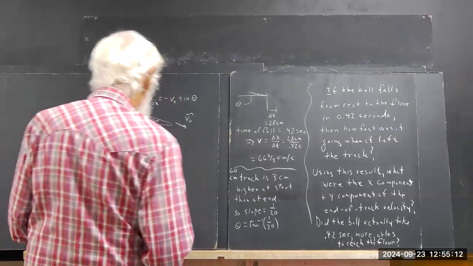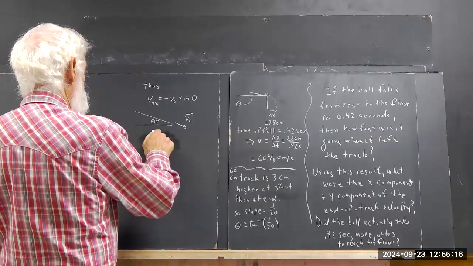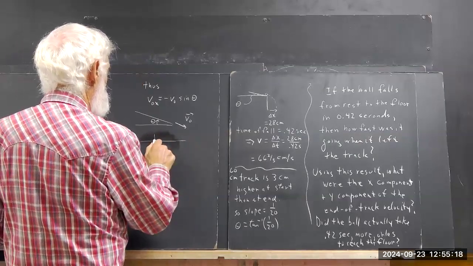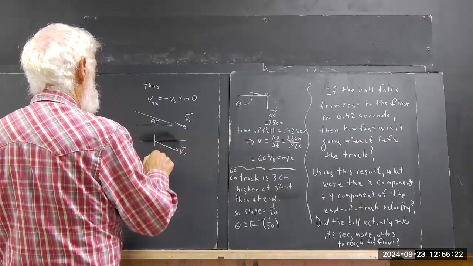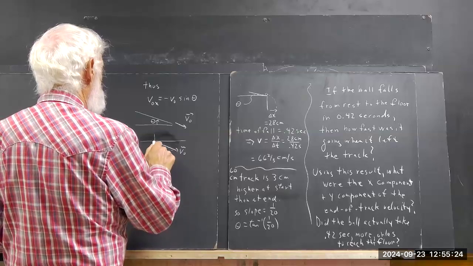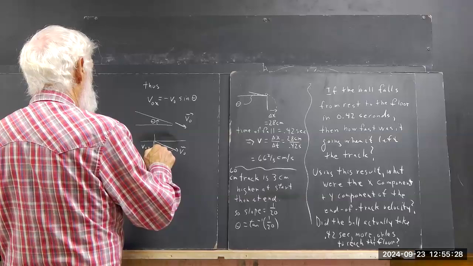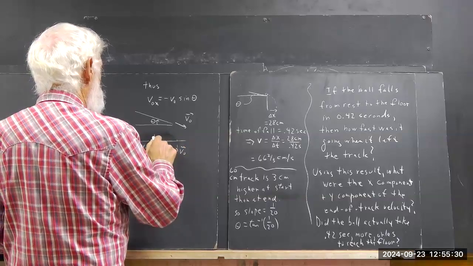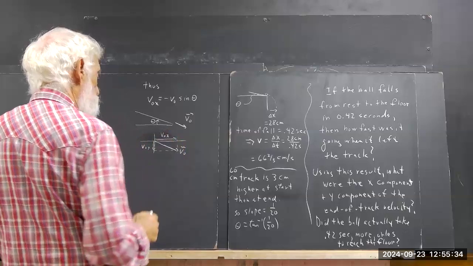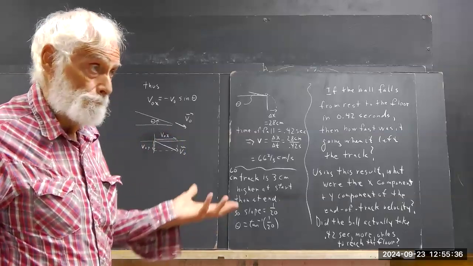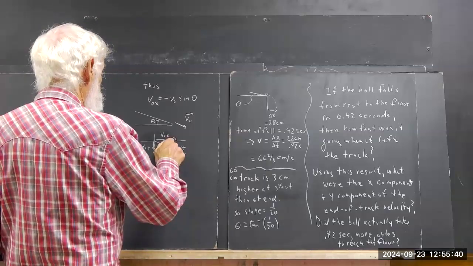Maybe I ought to draw that a little bit here. Okay. Well, there's V naught. You've got V naught Y here, V naught X here. Makes sense? This angle here is negative theta.